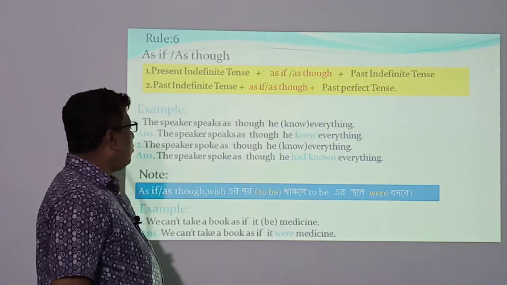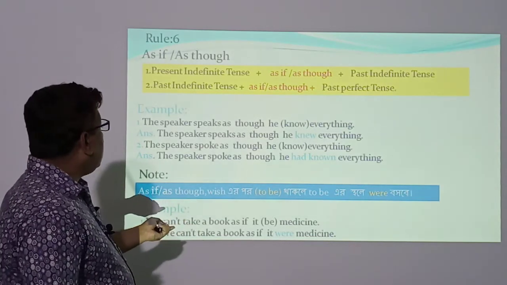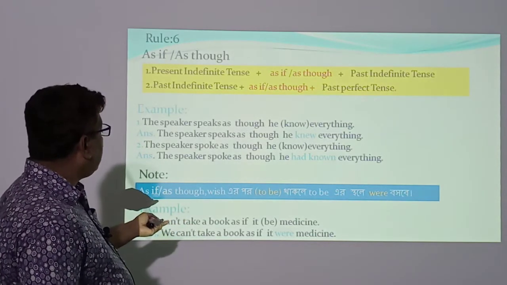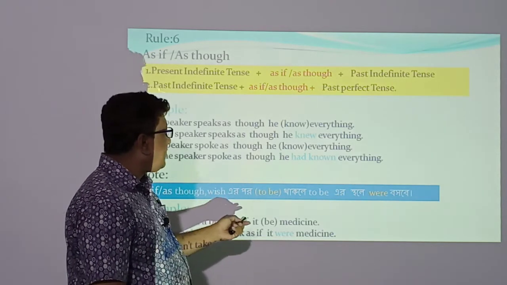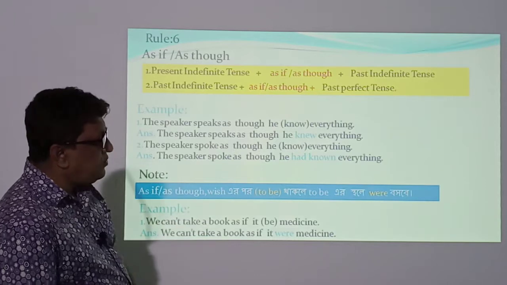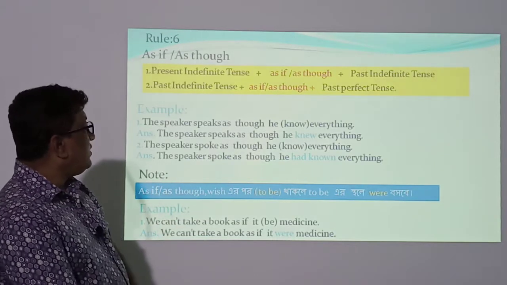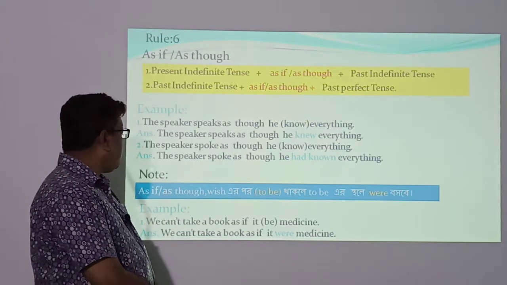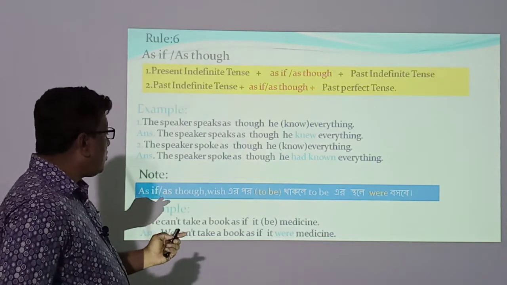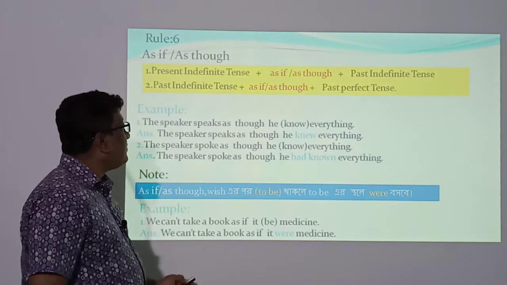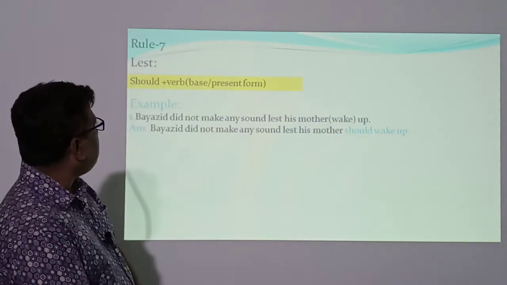As we have present form "we can't take" and "as if," after as if we will use "were" instead of the be verb. So: we can't take a book as if it were medicine.